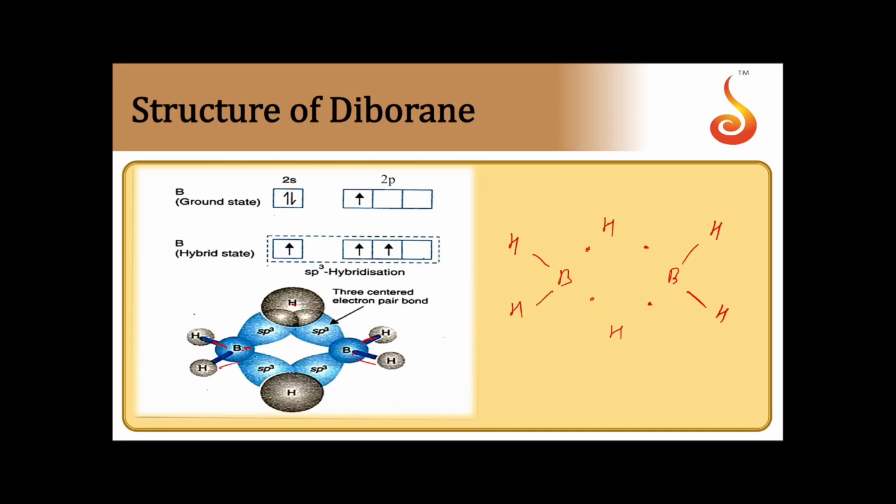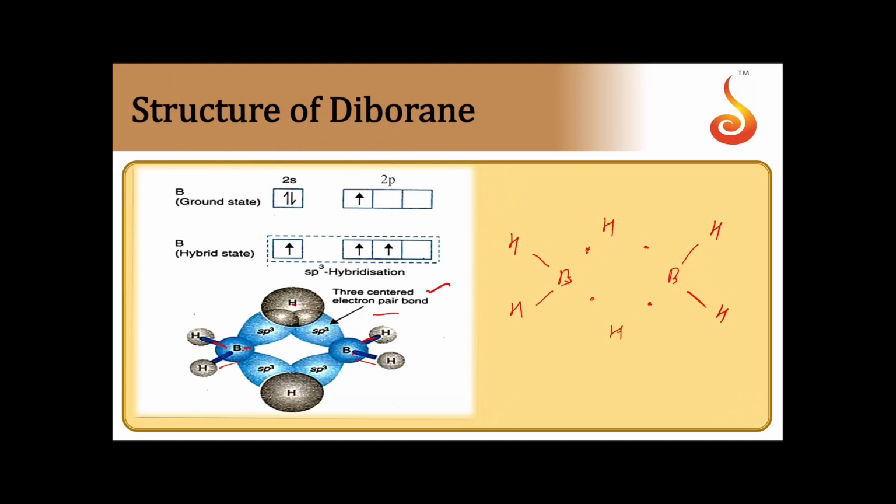So this is called a 3-centered BHB, a 3-centered electron pair bond. Only 1 electron pair bonds 3 atoms here. In this way, the other BHB is also a 3-centered electron pair bond. So there are 3-centered 2-electron bonds, two in number here.